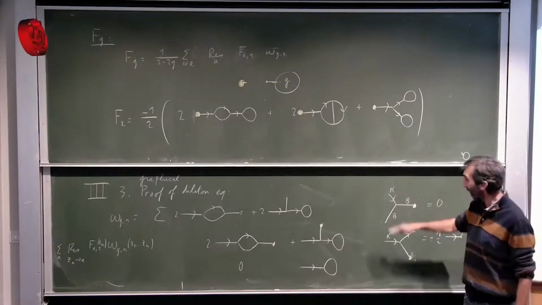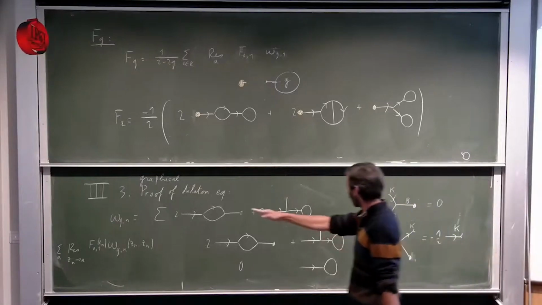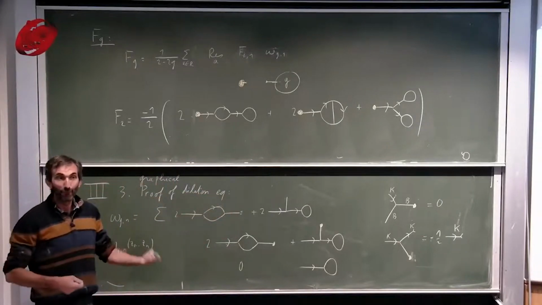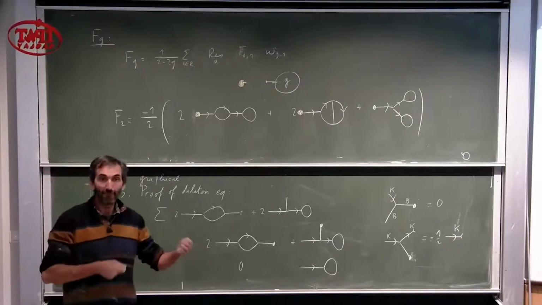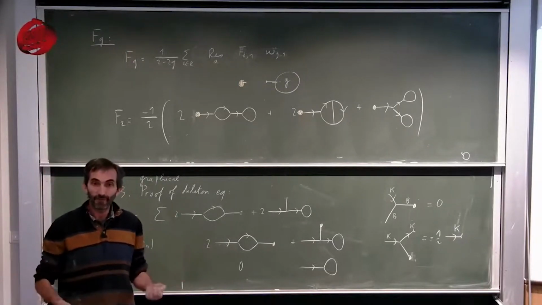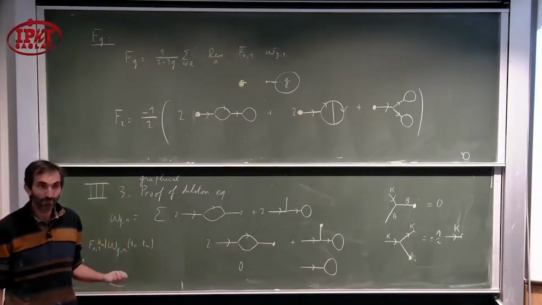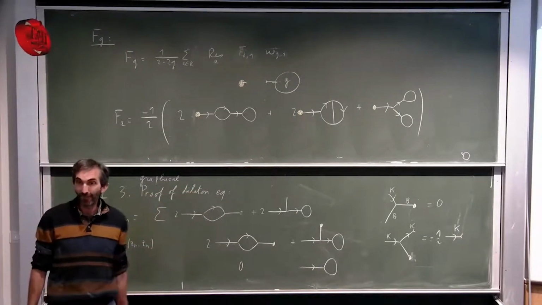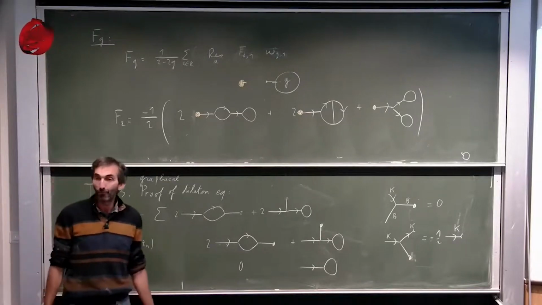And here it gives 0, which means that in the end, you're left with a sum of graphs with one edge contracted, and you get the same graph as for the omega g n plus 1, but you get it as many times as you could have inserted a leg, which must be equal to the number of cases where you could insert a leg, and that is precisely 2g minus 2.